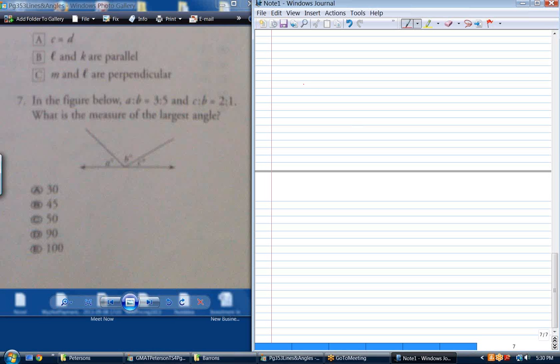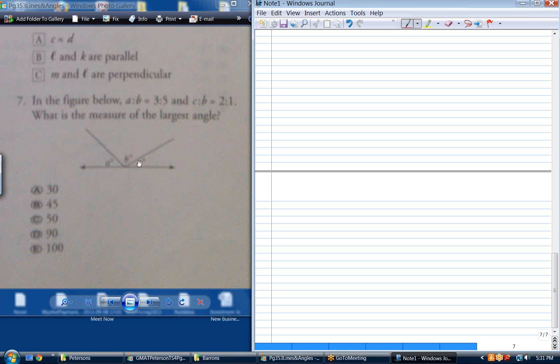Well, what about C to B being 2 to 1? What this tells you is that C is twice the size of B. In other words, the picture they drew is not accurate. You can't assume that it is, even though they didn't label it not drawn to scale.